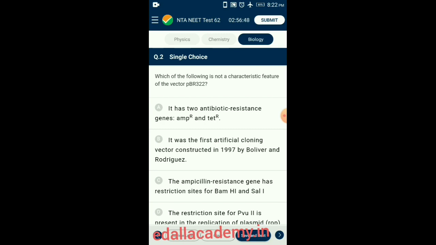Two unique sites, that is PstI and PvuI, are located within the AmpR gene, whereas BamHI is located within the TetR gene. So the answer for this question is option C.